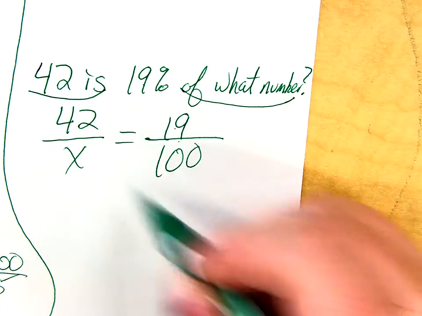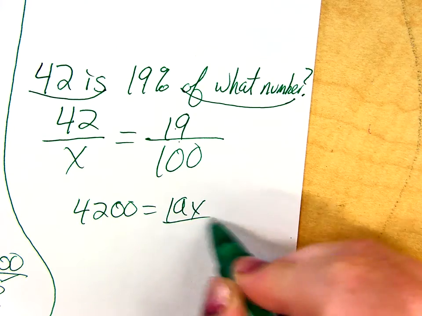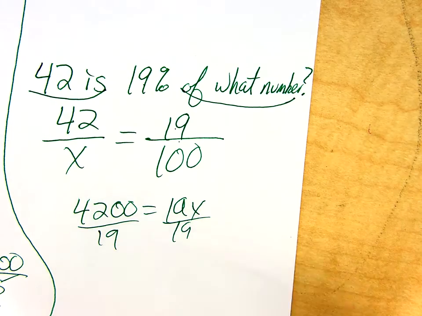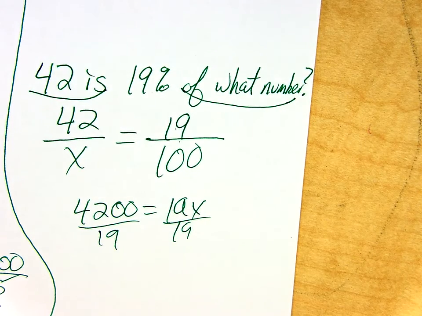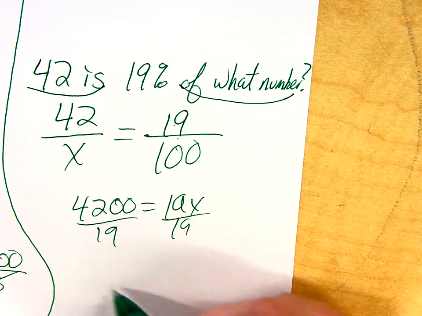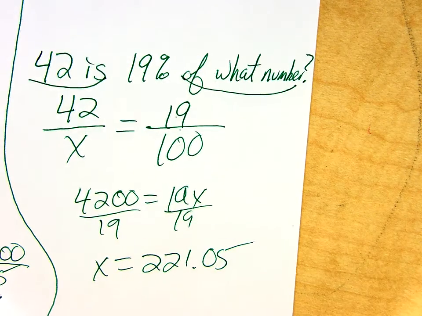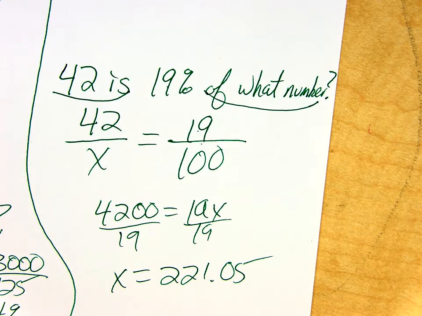All right, then now it's just a matter of solving it. So 4,200 divided by 19 gets me 221.05, which is a number that's quite a bit bigger than 42, so that makes sense.